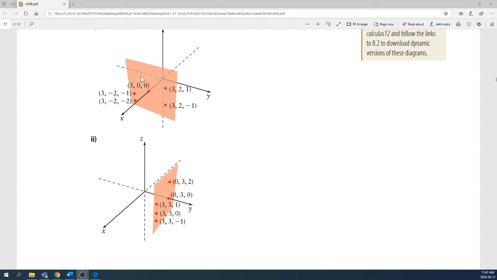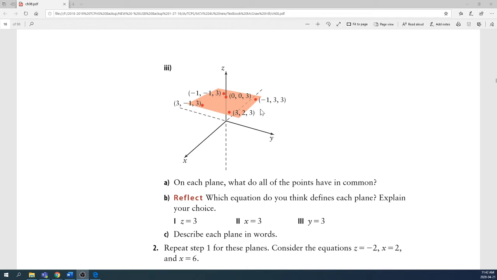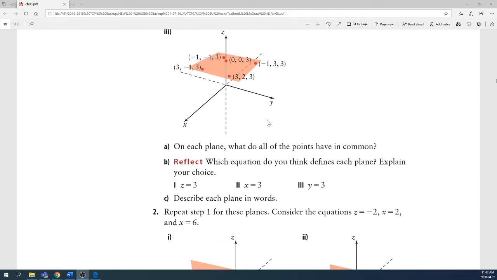Similarly, for the x-plane, we've got the plane cutting the x-axis at x is equal to 3. Now, if you look at the last image here, we've got the z. So you've got z is equal to 3 for all the points. This is essentially a sheet of paper that is cutting the positive z-axis at 3. So that's what they all have in common.